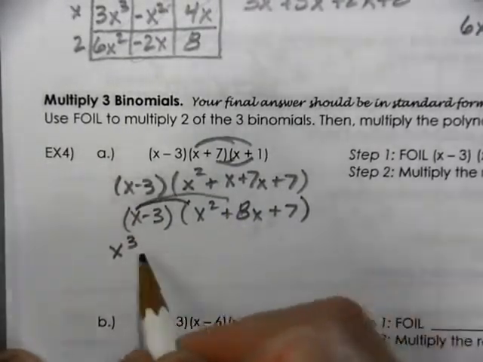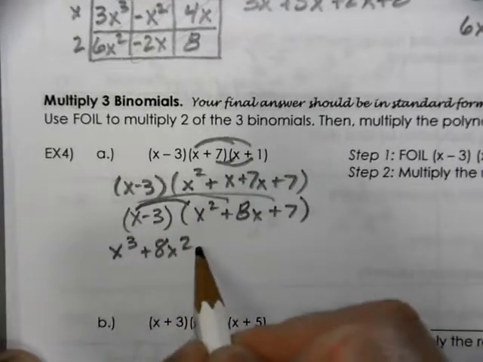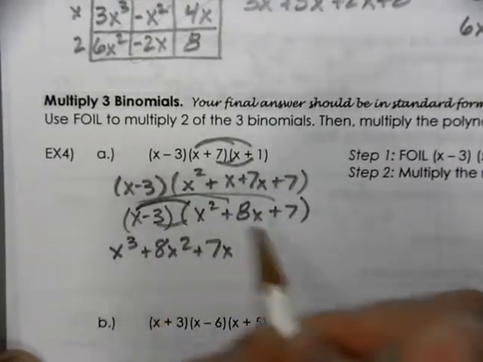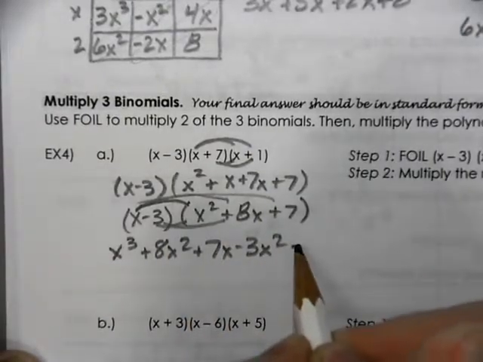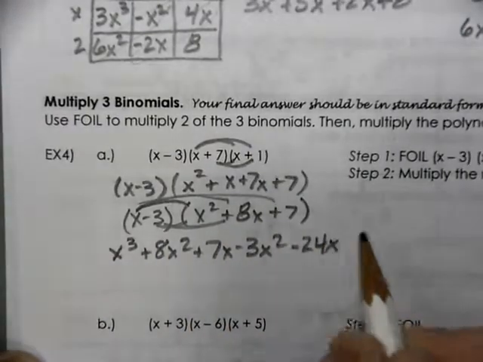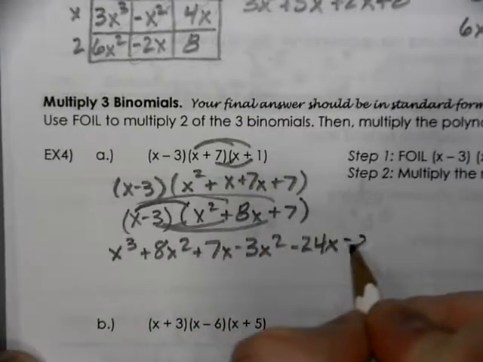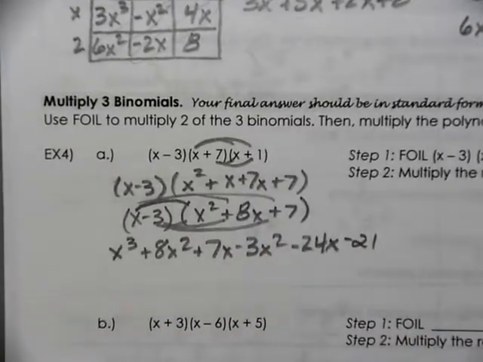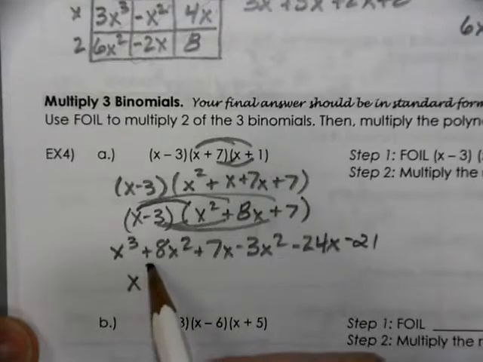An x cubed, an 8x squared, and a 7x, negative 3x squared, negative 24x, multiply the last terms to get negative 21. So this is going to give us an x cubed.